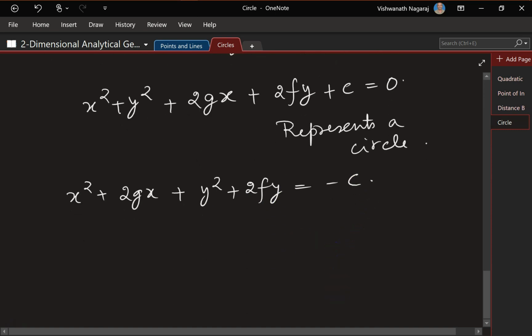To make perfect squares, in x square plus 2gx let's add g square, and in y square plus 2fy let's add f square.